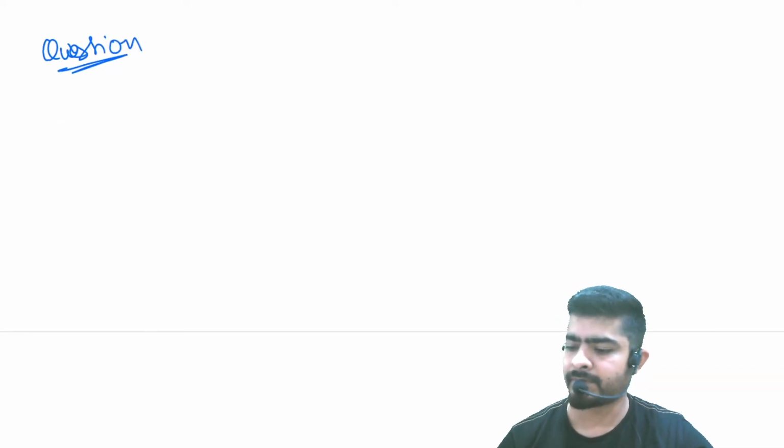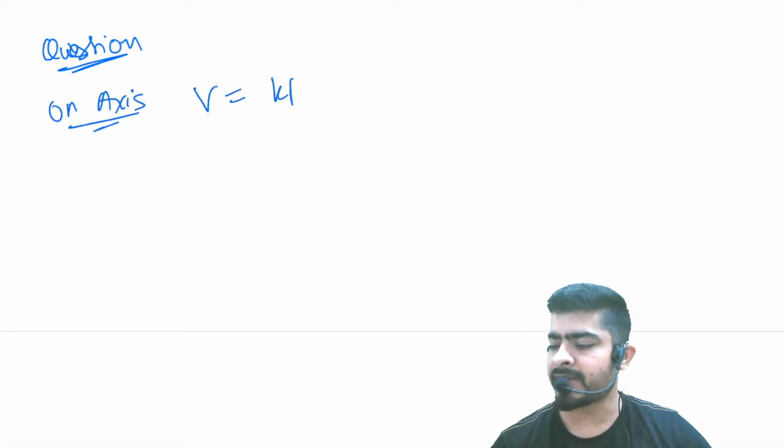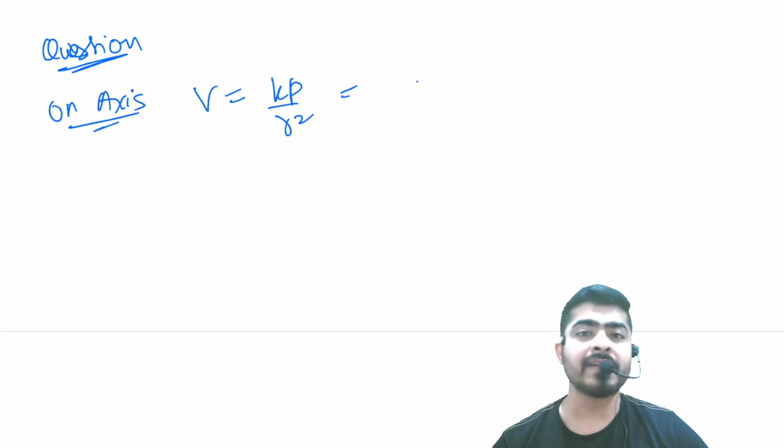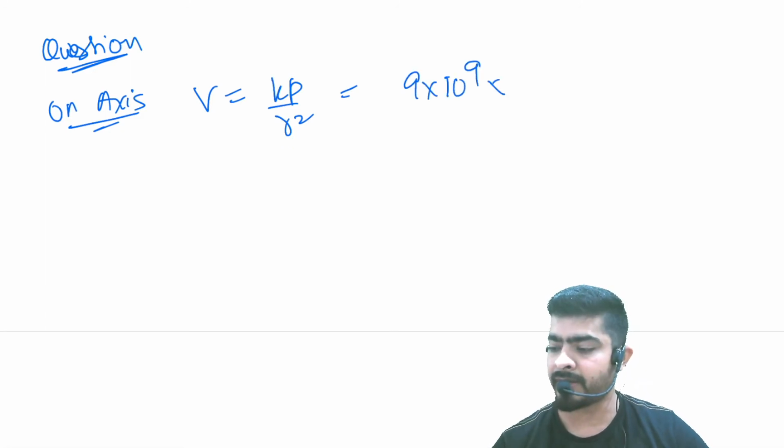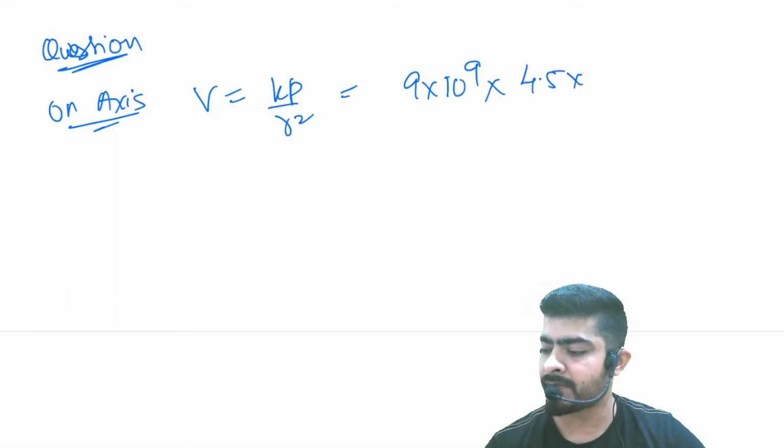So for that question, on axis, potential will be how much? Kp by r square. So k is 9 into 10 power 9. Dipole moment p is 4.5 into 10 power minus 10.